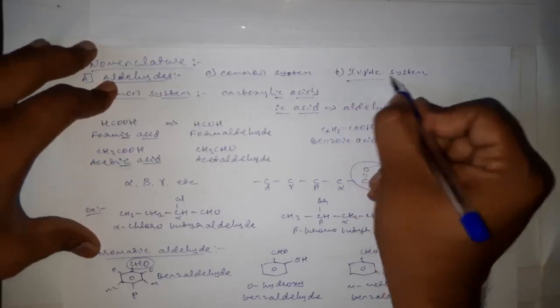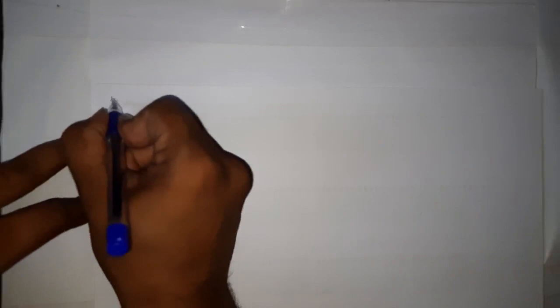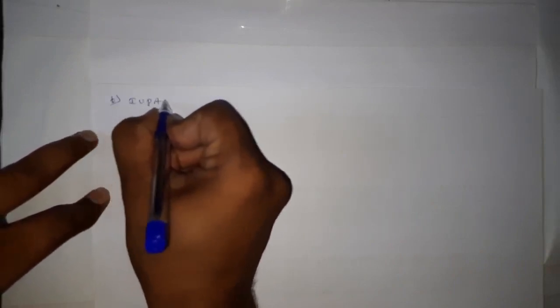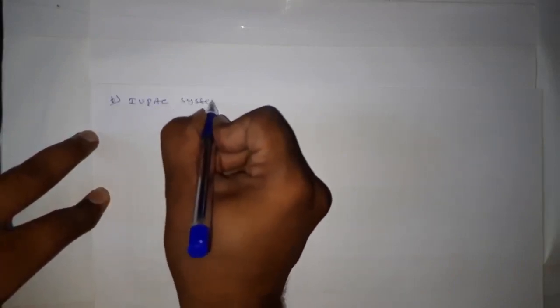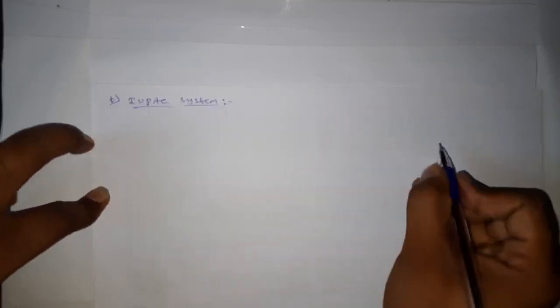Now we have to discuss the IUPAC system of nomenclature. See, the next one is the IUPAC system of nomenclature for aldehydes.